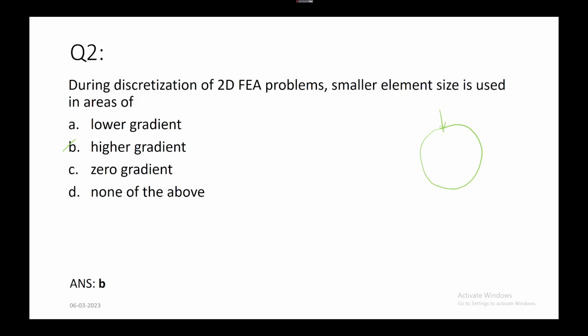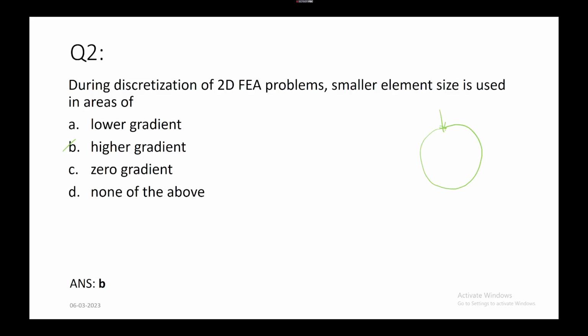So theoretically, the stress might be infinite at that one particular point, because it's a point load. But in reality, any load cannot be a point load as such, because there will be some amount of area associated with it. Even though it is very small, it will not be a point.